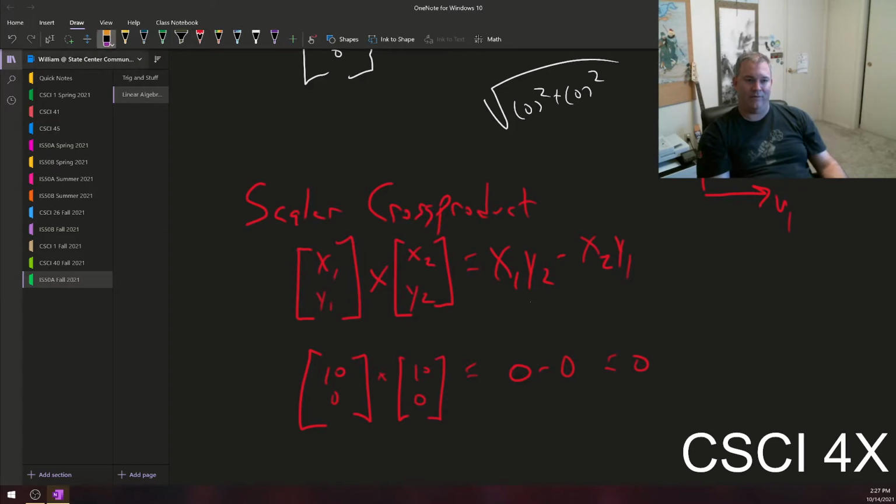We can make these not zeros to make them a little more interesting: 10, 2 with 10, 2. x1 is 10, y2 is 2, so 20 minus 20 equals 0. If you have vector 1 and vector 2 pointed the same way, then the cross product equals 0.